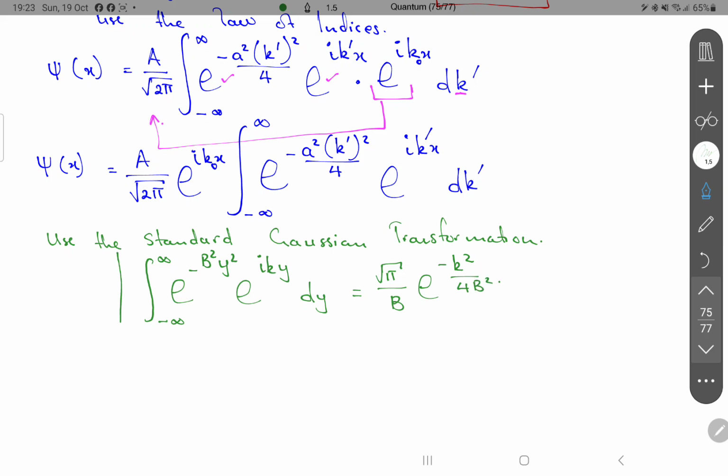So this is the standard Gaussian transformation, and we have to use it to compare.